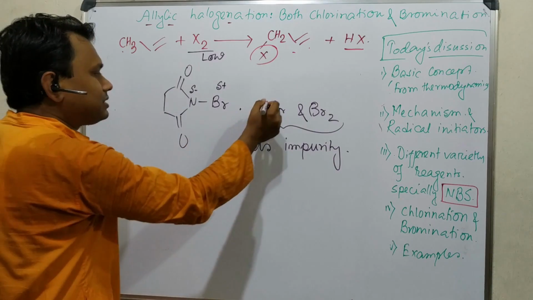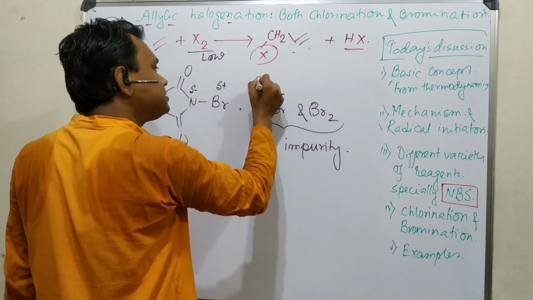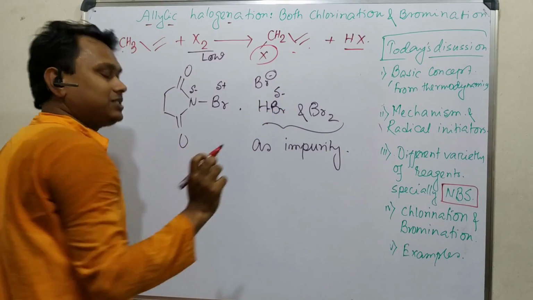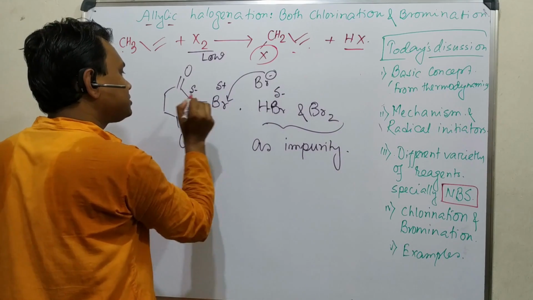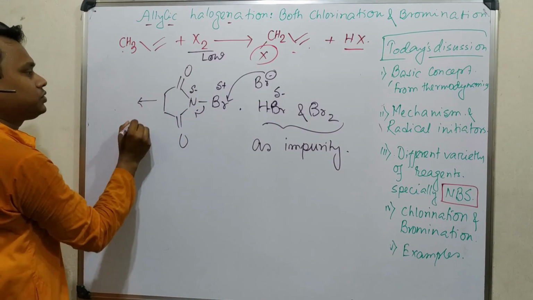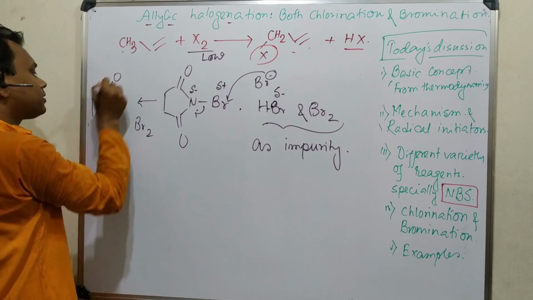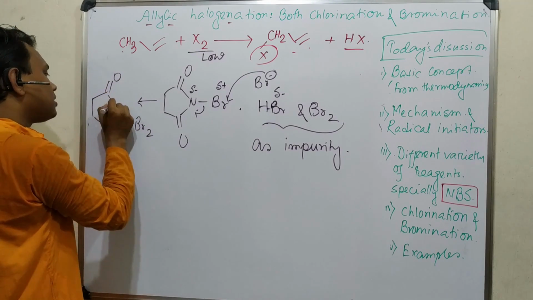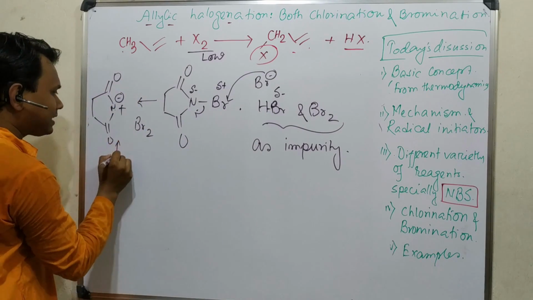Why? Because if you consider HBr, this bromo is delta minus, and Br minus, since HBr is a strong acid, can attack it and produce this. So what will result? It will produce bromine plus this N minus, and this is resonance stabilized. How can I say that?